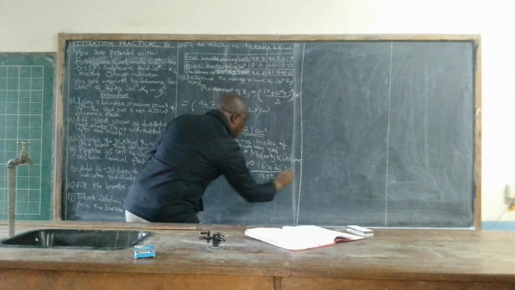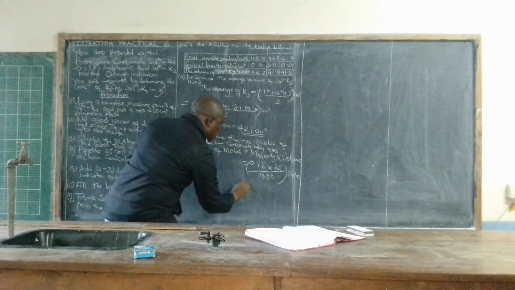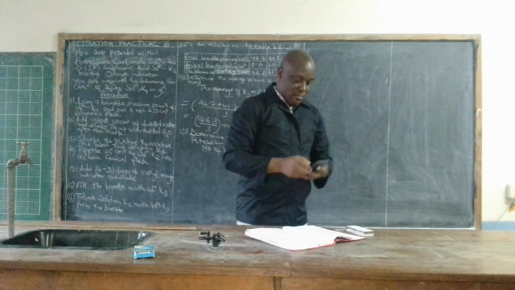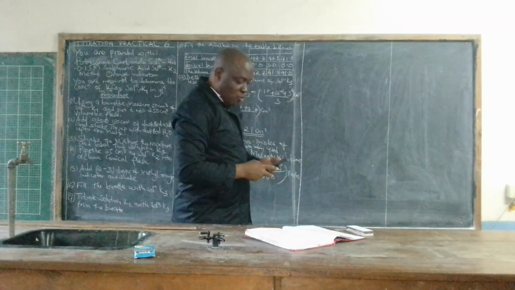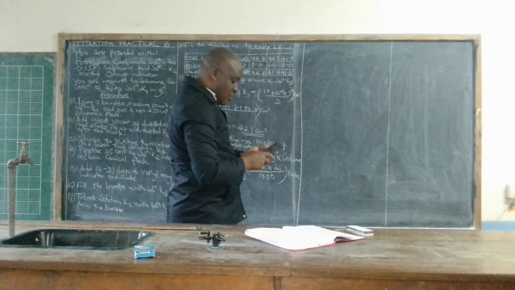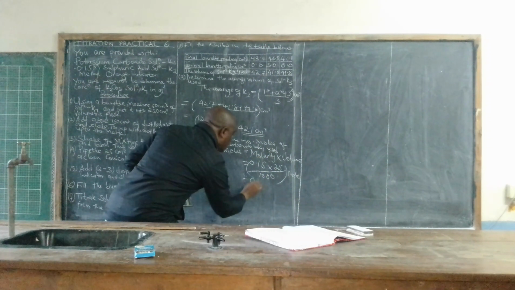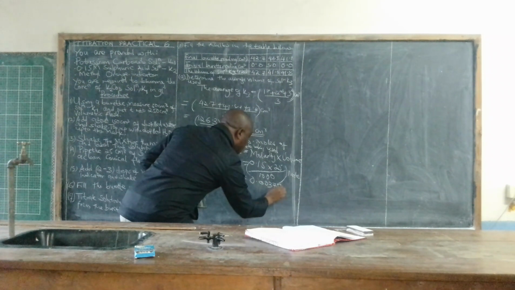All these give us the number of moles. So when you do your mathematics clearly, it's going to give us 0.00375 moles.